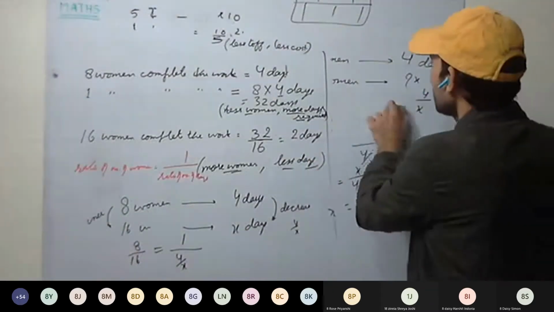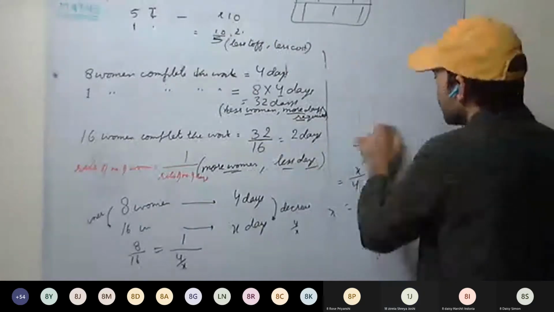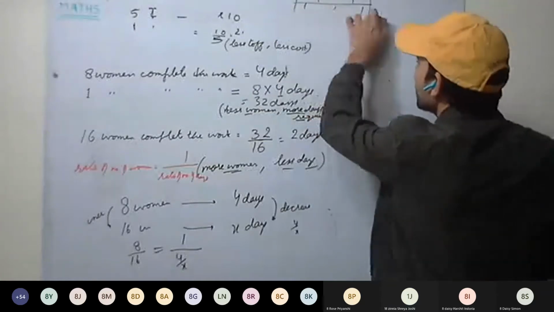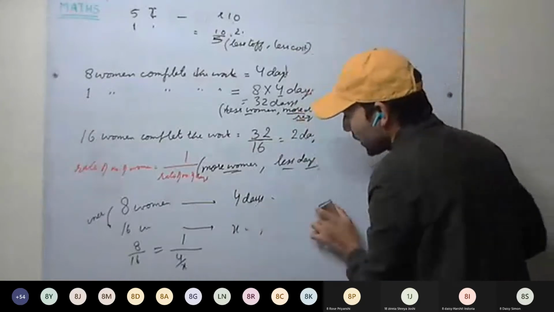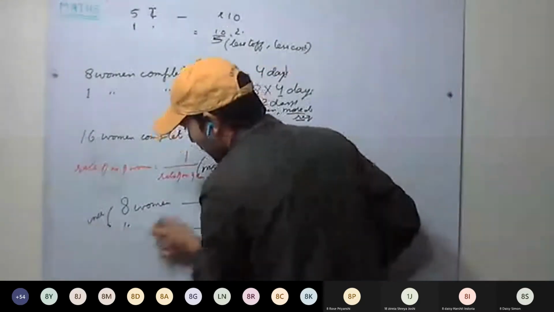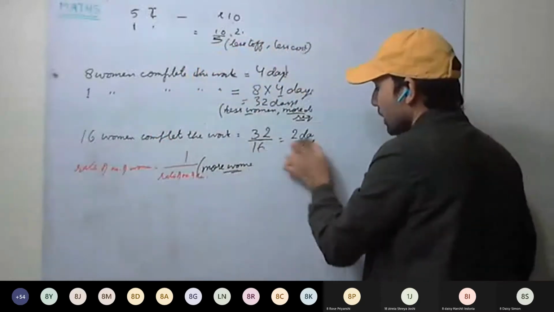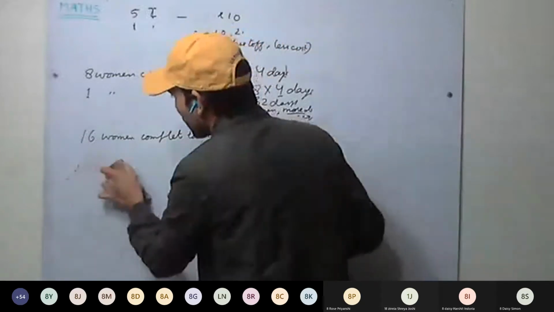Okay, then do the question. Yes, sir. So while reading the question, first figure out whether it's a direct variation or an inverse variation. Then proceed further. Okay, do the question, read the question and do it. The next chapter as well is based on inverse variation.